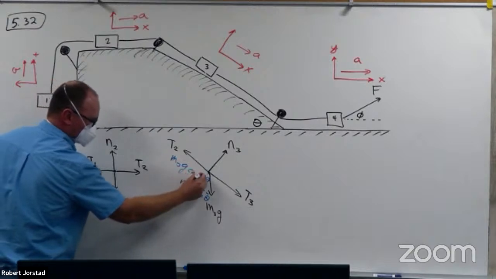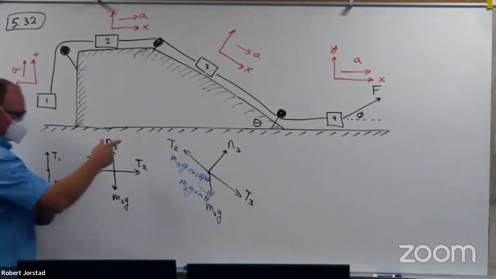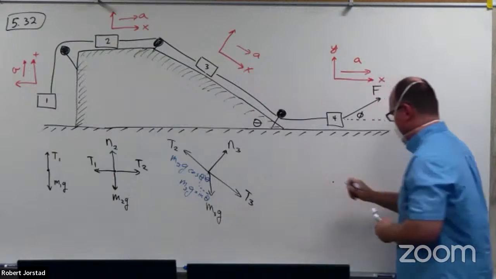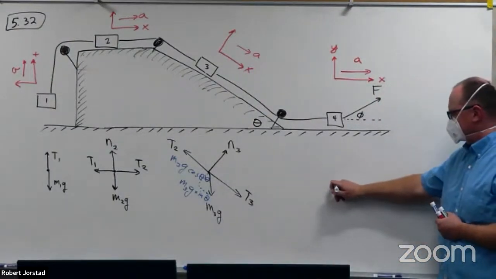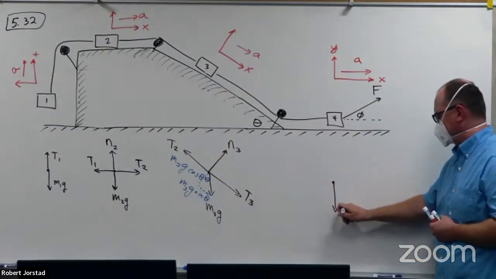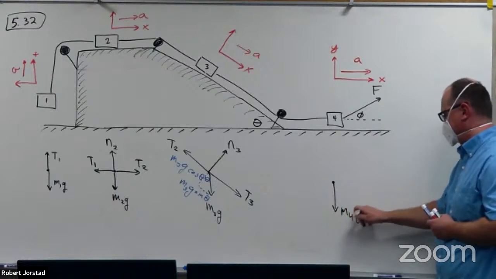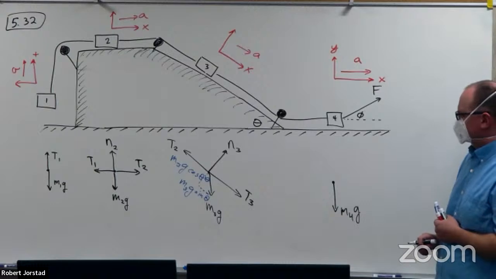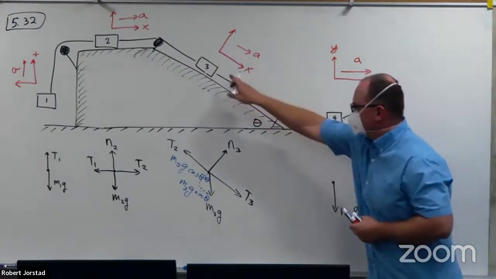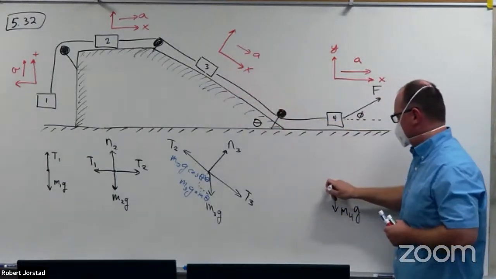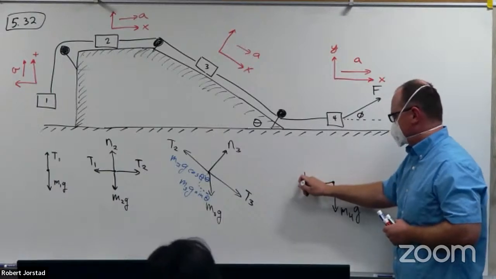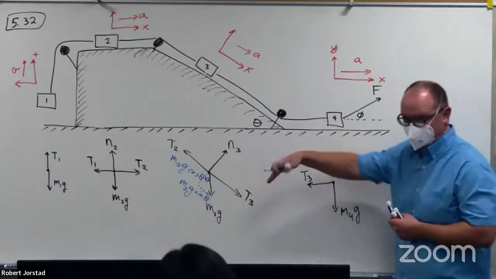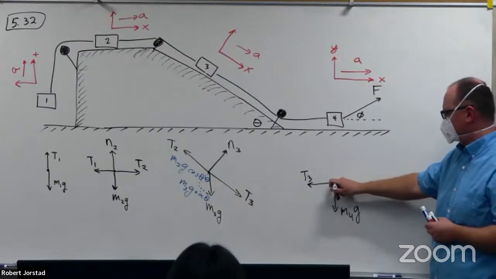m3g cos. Over here to number 4. What's one force? m4g. Good. What else? T3. T3, right? This row is T3. So the pulleys redirect the tension. What's the normal force?